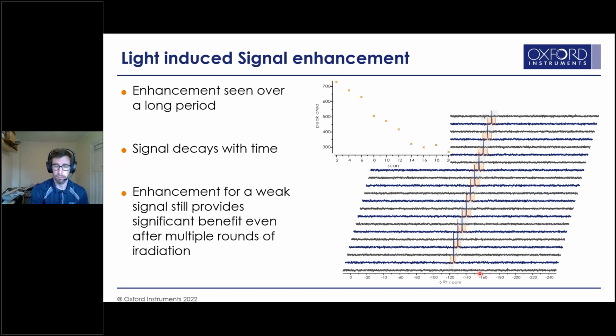We effectively bleach our donor dye, but what we actually do see is that even once we're bleaching, we're still seeing significant enhancement. That really makes this useful as a probe for all sorts of different chemistries when you're looking at benchtop NMR.